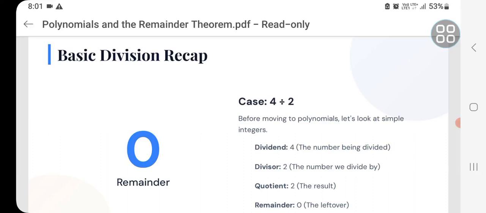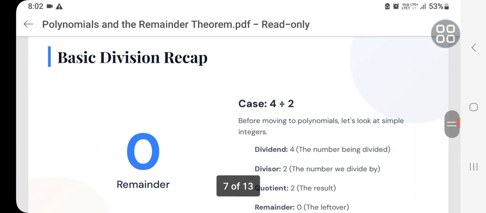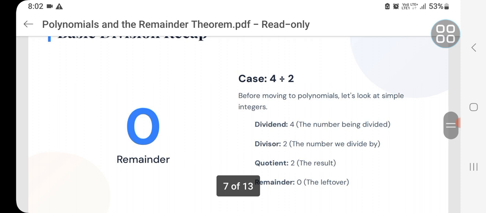We know the types of the polynomial. The classification is based on the terms and the degree. For terms, we know the names of the polynomial, that is monomial, binomial, and trinomial. And based on the degree, it will be constant, linear, quadratic, then cubic polynomial. I think you are familiar with this. So this is the basic thing you have to know. I think that is enough. So we have to enter into the remainder theorem now.